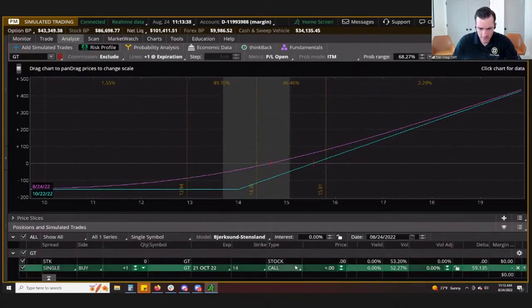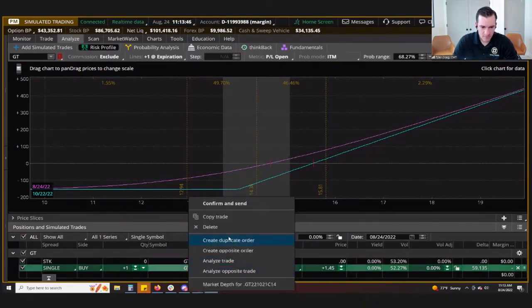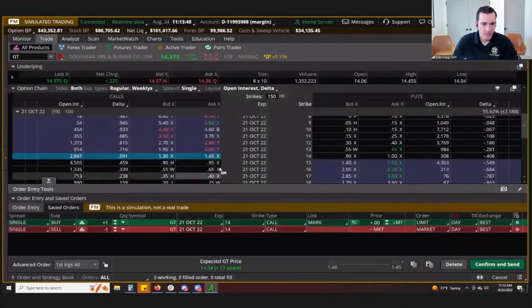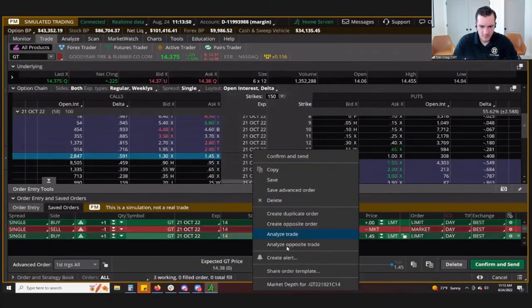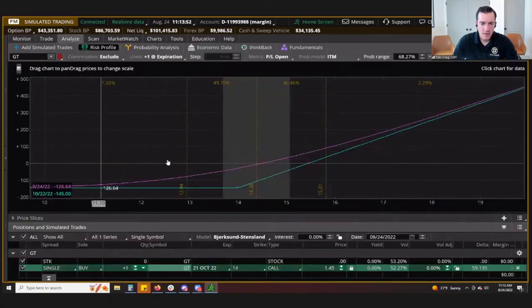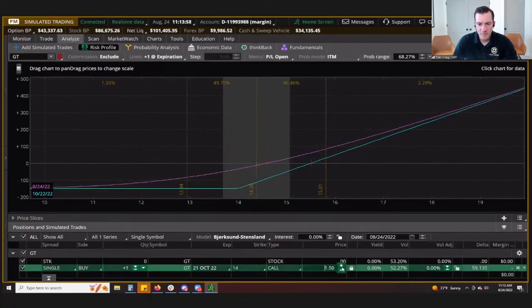Let's say you end up buying it at $1.45. And in fact, you're probably going to buy it maybe at $1.50. If it goes down from $1.50 to $13.85, what am I now?